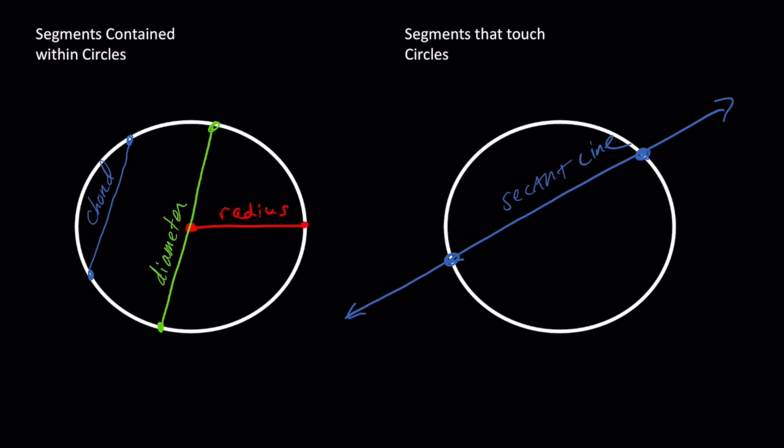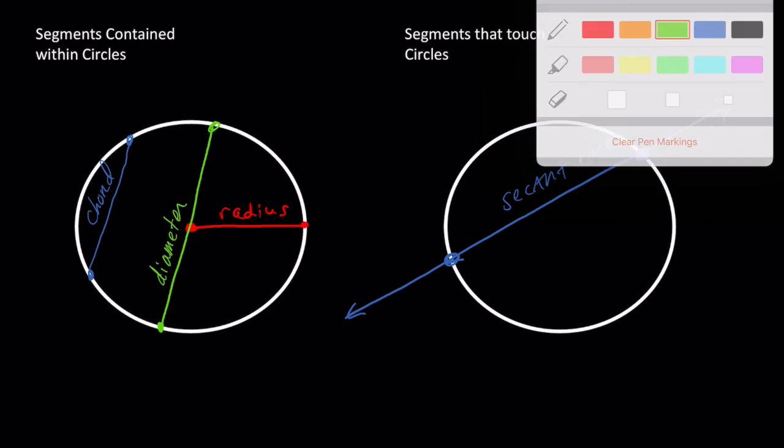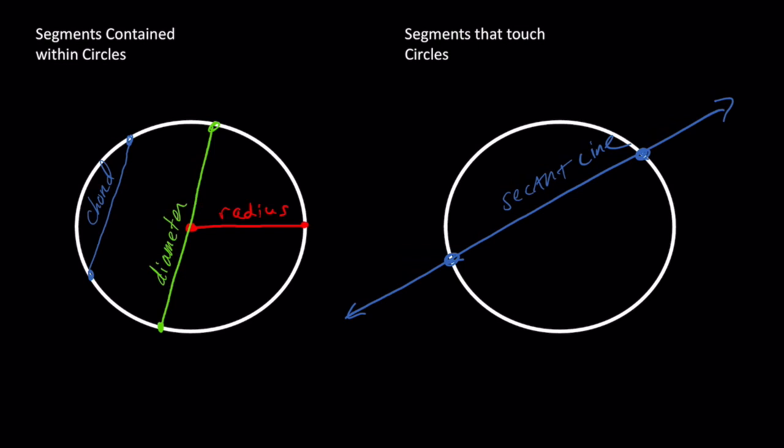Okay, and then there's one more, and this is the one we're going to focus on the most. This is called a tangent. The secant line touches the circle in two places. A tangent only grazes the circle in one point. If we take this line and it just nicks the circle there, that is called a tangent line. You can think that's where we get the expression "goes off on a tangent."